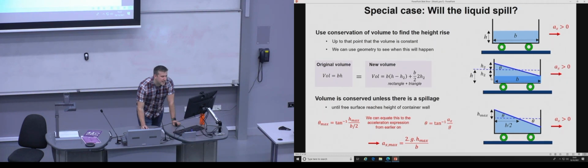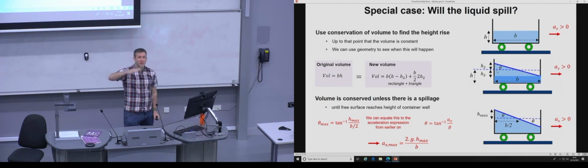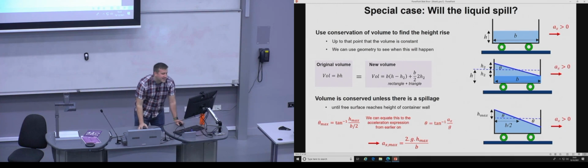Capital H. So guys, quiet down while I try and answer this. Thank you. So all we have here is a general situation where the tank has risen on one side and fallen on the other side. And it might look like H2 is half of H, but it might not always be.